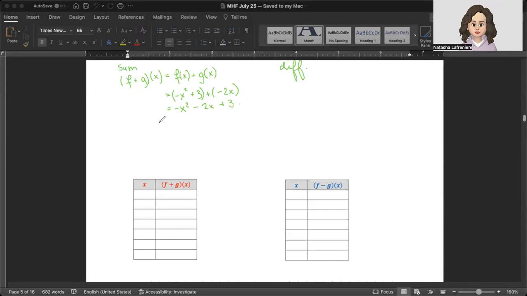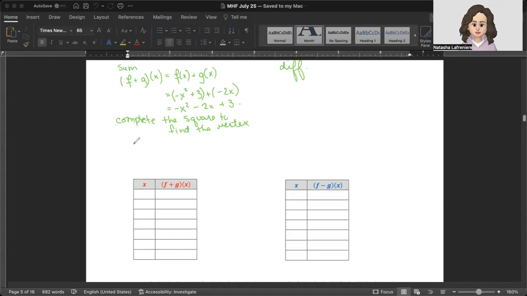And you're going to complete the square after that to find the vertex. Hopefully you know how to complete the square.